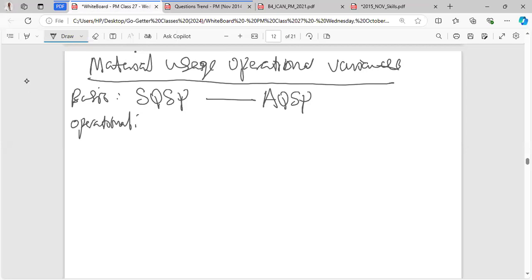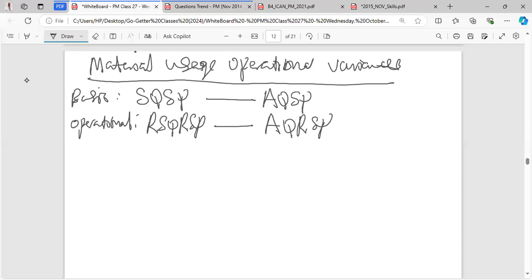So nothing standard will be there. So this is going to be revised standard quantity, revised standard price minus actual quantity, revised standard price.